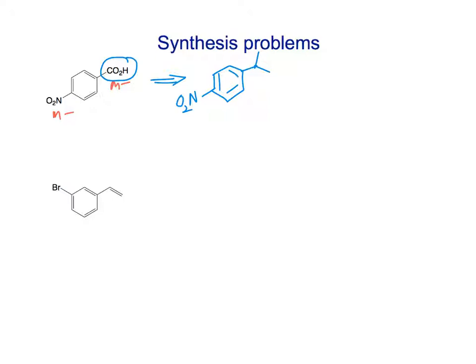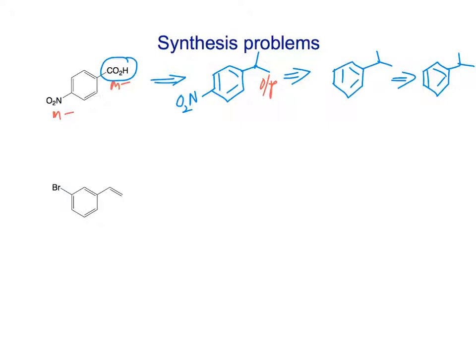Okay, so we can go back to that. Then the alkyl group is ortho-para directing. So we'll put on the nitro at that point, and then the very first step will be to put on the alkyl group.